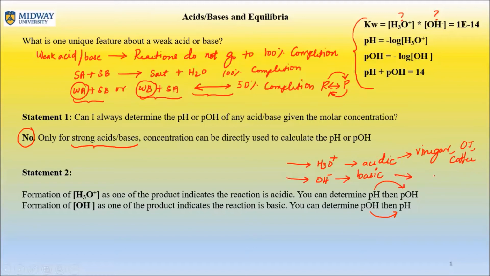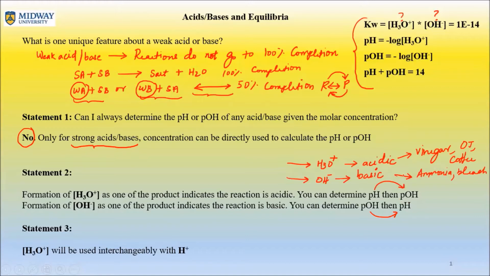Whereas basic, we did your ammonia, bleach, and stuff like that, and your blood. Obviously not blood, but you could have used your spit. In that case, this would have been basic, right? So you can only determine one and find the other, okay? Which you determine depends on the nature of the reaction, and I want to make that very clear.